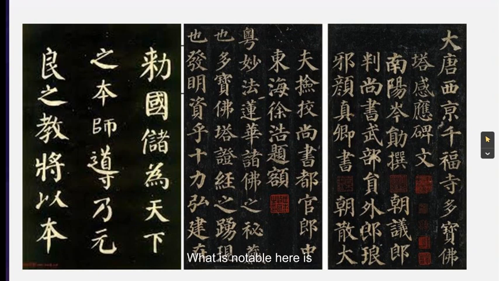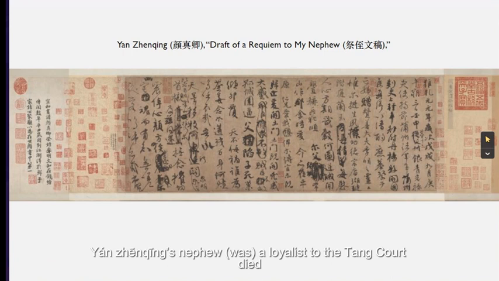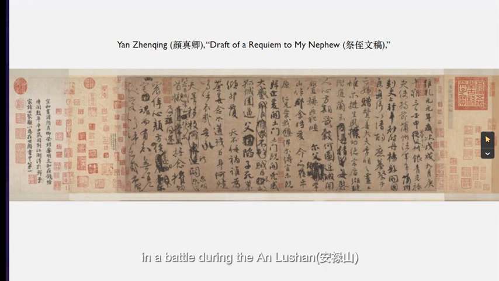What is notable here is how many years it takes for a calligrapher to develop a style of his own. A significant example of Yan Zhenqing's art is the so-called Draft of a Requiem to My Nephew, Jiming. Yan Zhenqing's nephew, a loyalist to the Tang court, died in battle during the Anlushan rebellion.